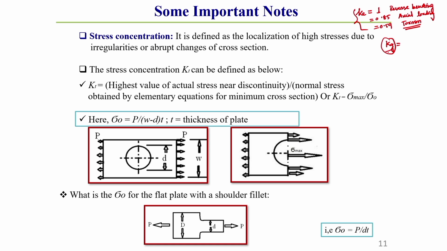It is observed that Kg equals 1 by Kf. What is Kf? Kf is called the fatigue stress concentration factor, or you can say the actual stress concentration factor. One thing you should keep in mind: this Kf always has a value greater than or equal to 1.